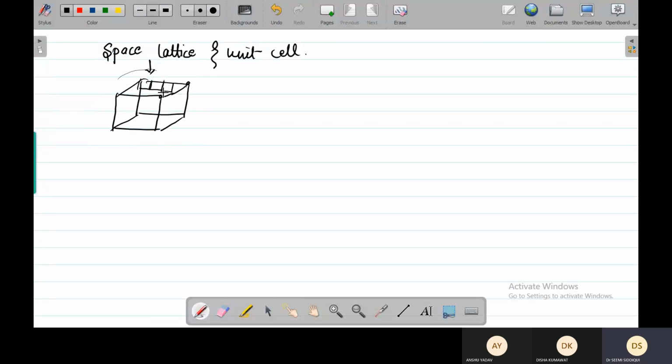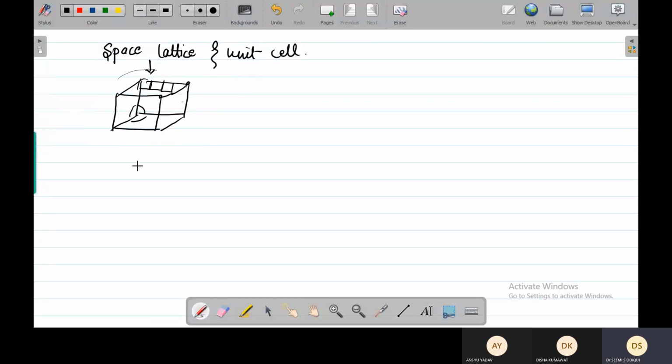Now, this unit cell is characterized by 6 parameters. That is the axial angles, alpha, beta, and gamma, and the axial lengths, A, B, C. Over here, if I want to represent, it will have this alpha, beta, gamma, and similarly A, B, C will be the lengths.